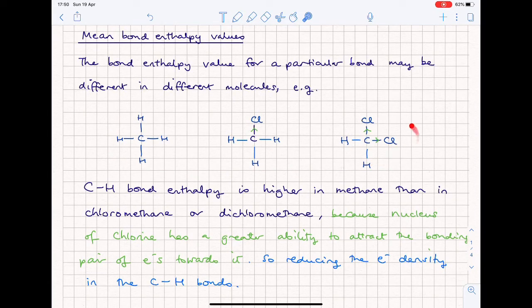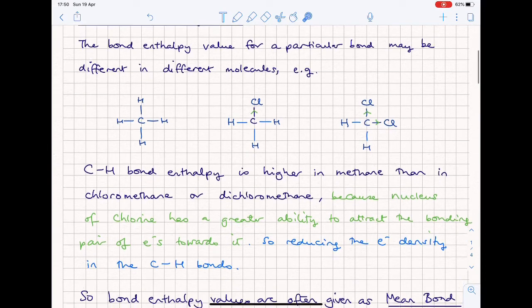So out of these three molecules, the carbon-hydrogen bond strength is going to be the weakest in this molecule because the electron density between the carbon and the hydrogen is going to be withdrawn towards the chlorine. So therefore, the electron density between the carbon and hydrogen nuclei is going to be the lowest for this molecule. So this molecule out of these three will have the lowest bond dissociation enthalpy for carbon-hydrogen bonds.